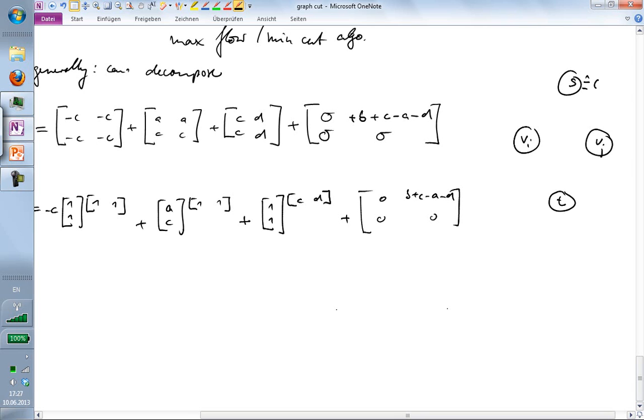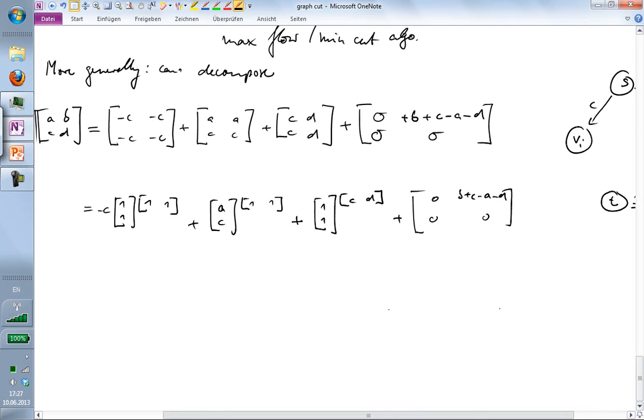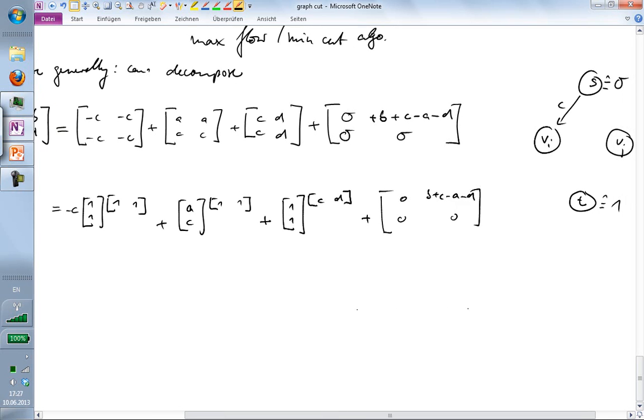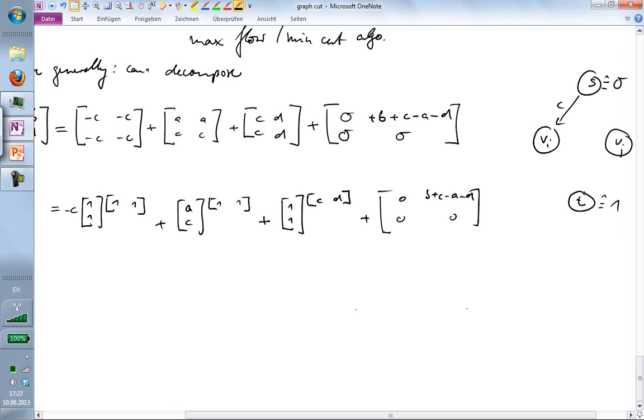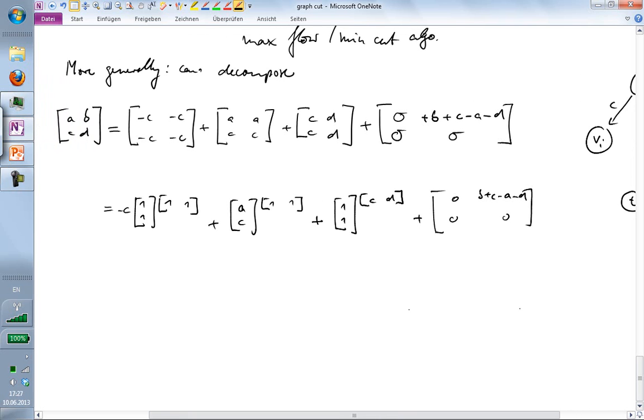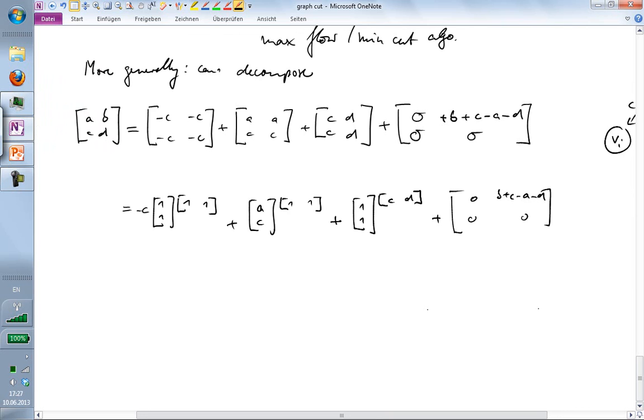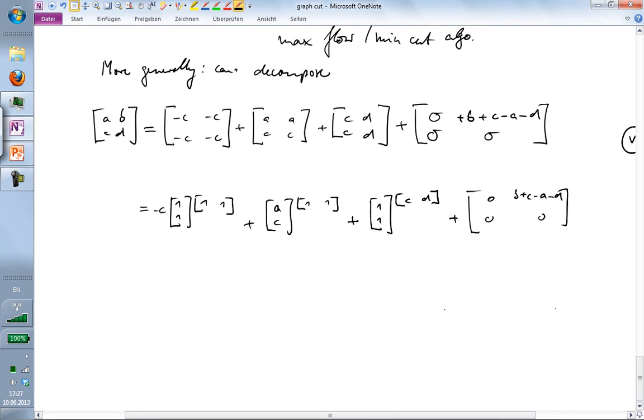Again, source corresponds to label 0, sink corresponds to label 1. And let's look first at this function which depends only on i.